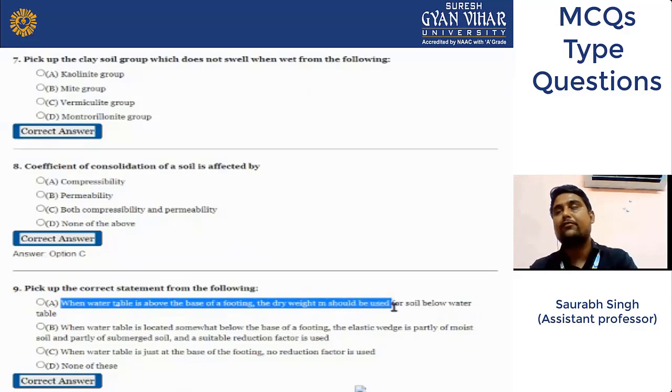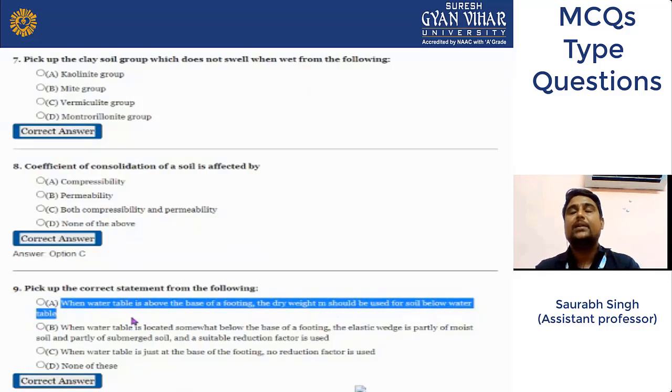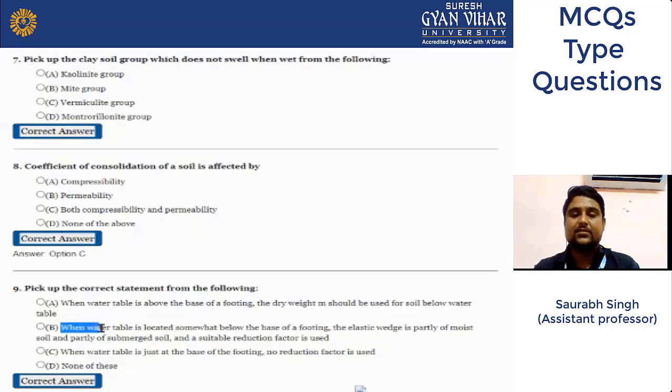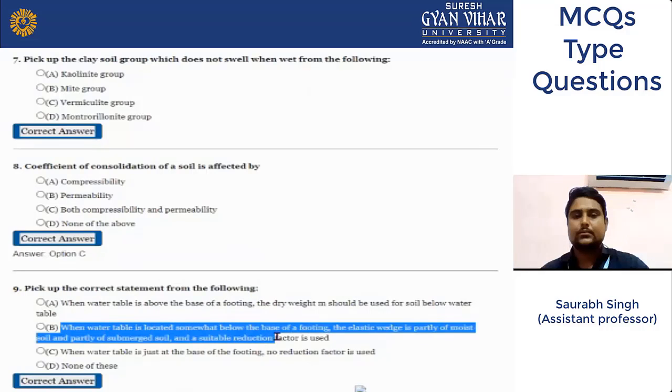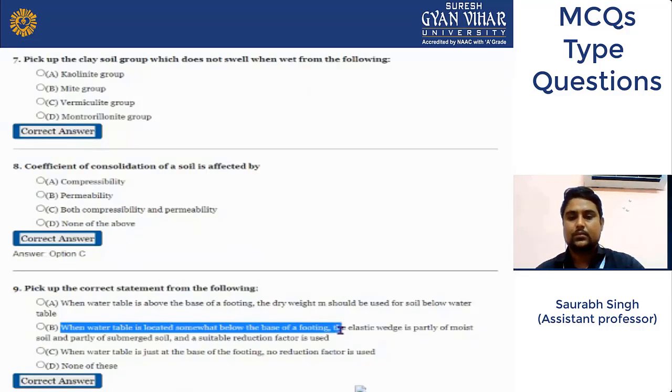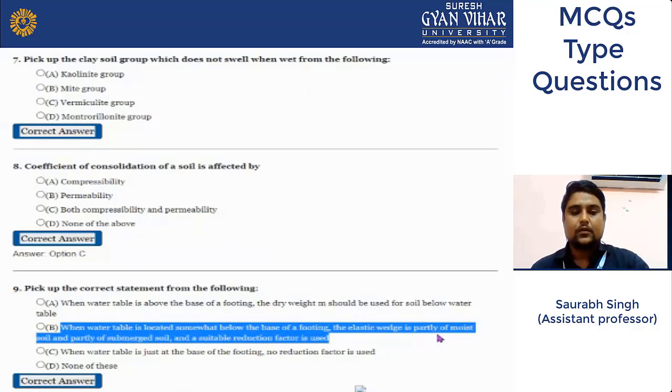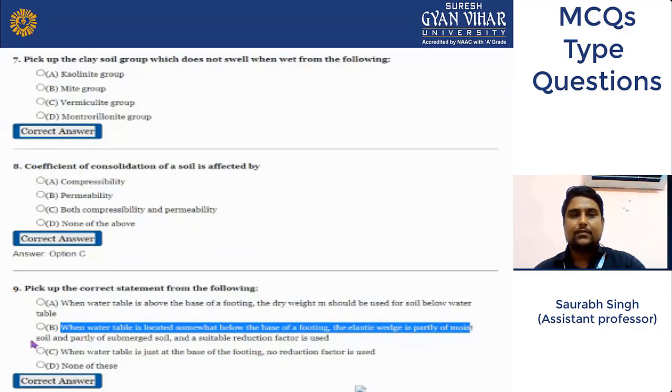The second is when the water table is located somewhat below the base of a footing, the elastic wedge is partially moist soil and partially submerged soil, and a suitable reduction factor is used. The third statement is when the water table is just at the base of the footing, no reduction factor is used. And option D is none of these.